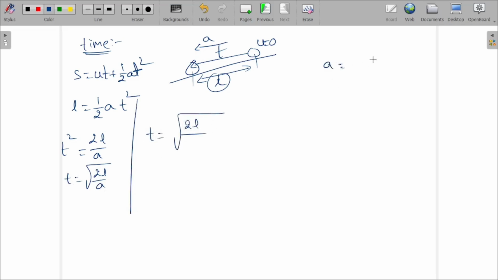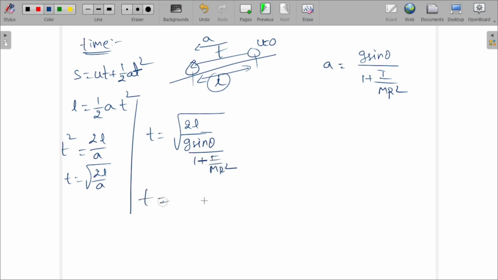Now this t equal to root over 2L by A. What is the acceleration we found? g sin theta by 1 plus I by m r square. This is what we found before. So if you replace that here, 2L by g sin theta by 1 plus I by m r square.